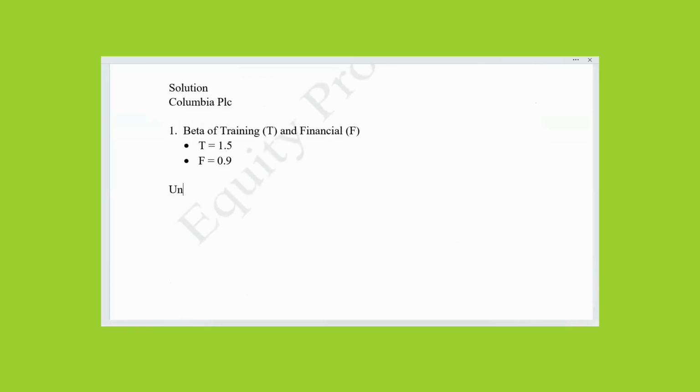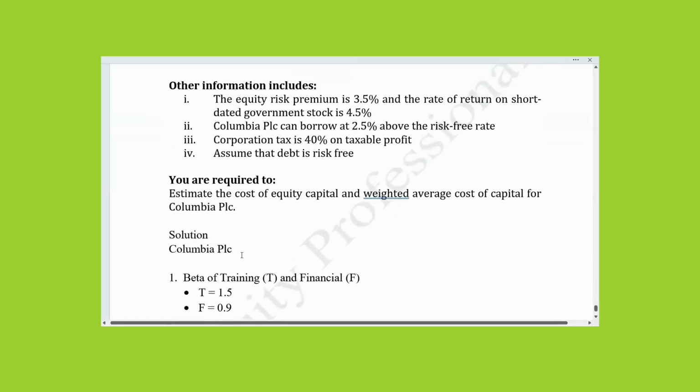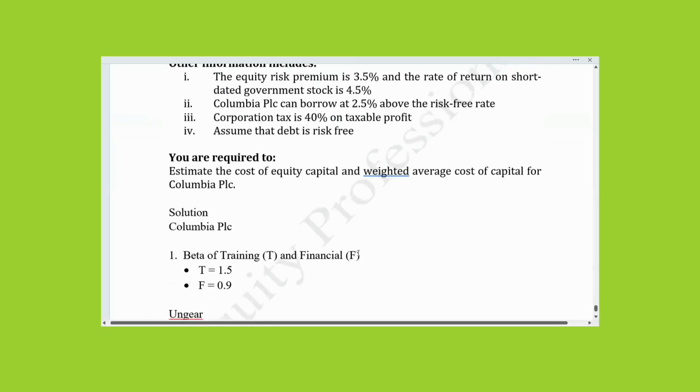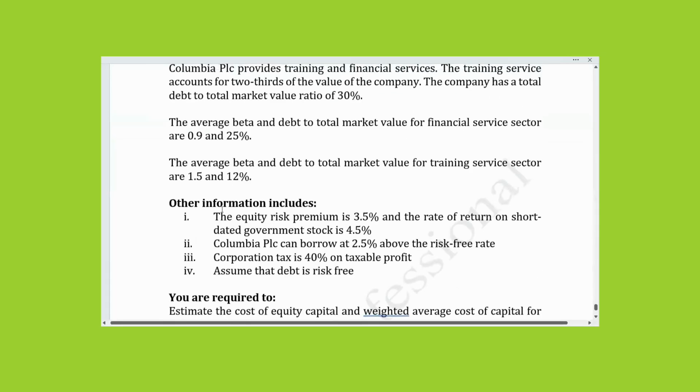So how do I ungear? I will go to the question to check if I'm given a debt beta or debt beta is assumed to be risk-free. The examiner told you in the last note to assume that debt is risk-free.